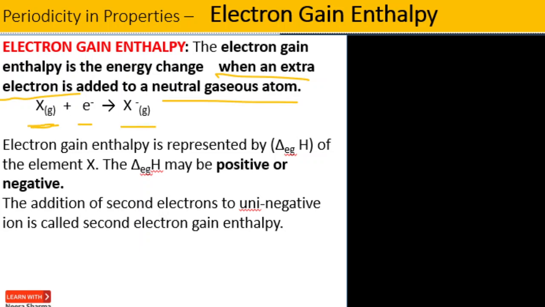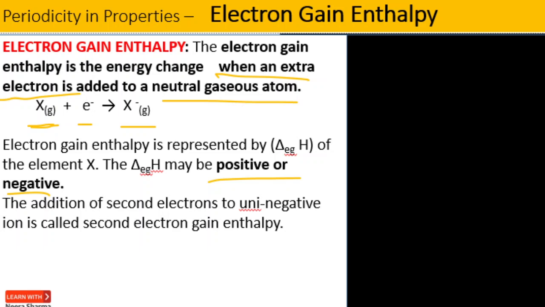This energy change is called delta Eg H, the electron gain enthalpy, and the sign may be exothermic or endothermic, so the delta H sign would be either positive or negative. In case of noble gases it is positive, and in general for others it is negative.